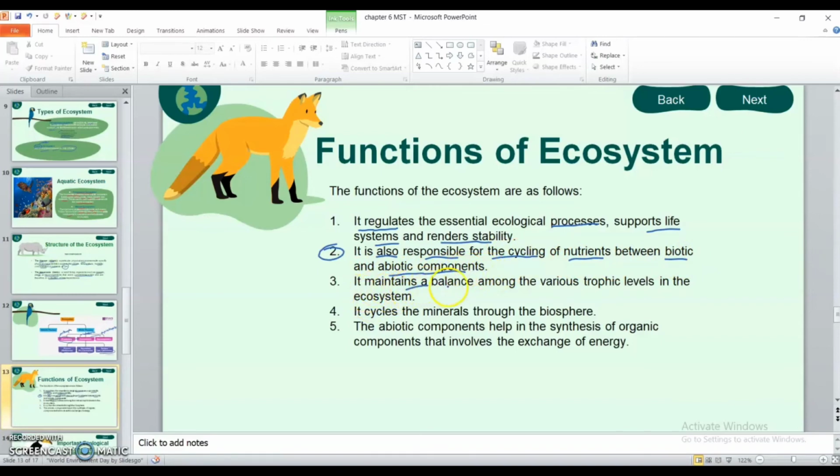Next, it maintains the balance among the various trophic levels in the ecosystem. It cycles the minerals through the biosphere, and last, the abiotic components help the synthesis of the organic components that involves the exchange of energy. That is the main function of ecosystem.